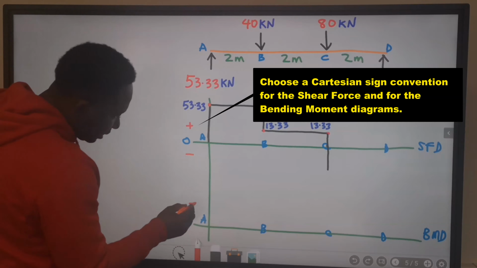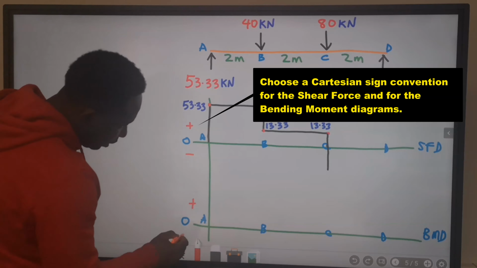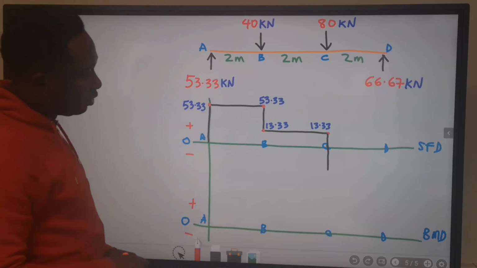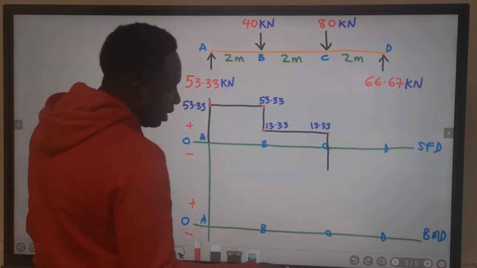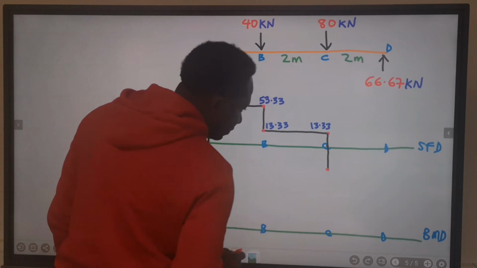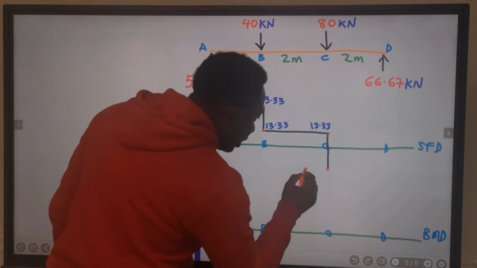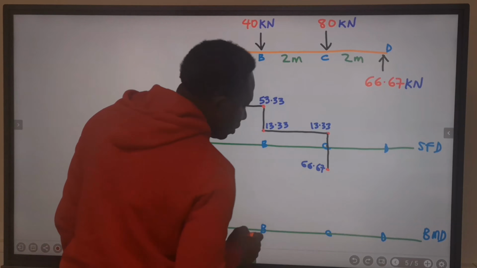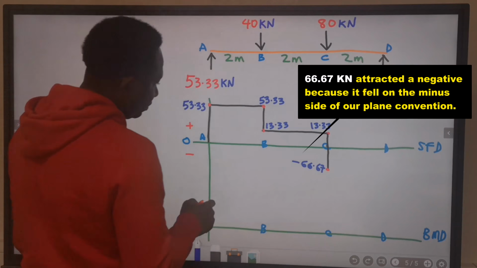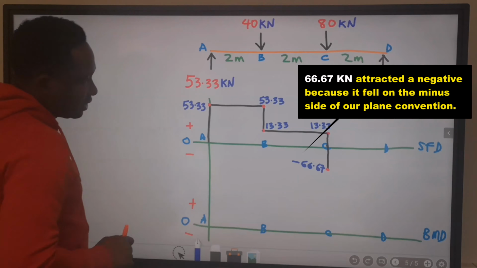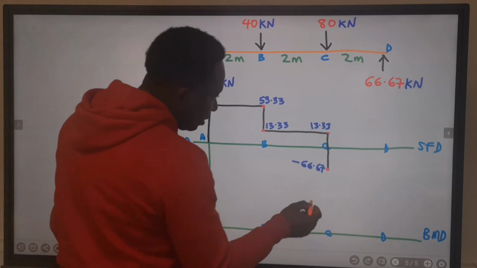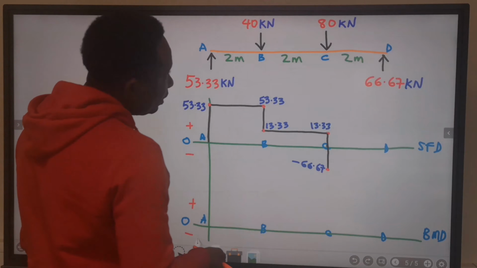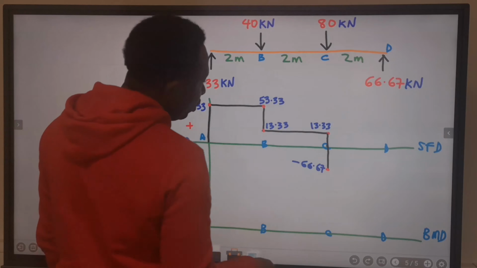This side is a positive bending, anything below is a negative. This is our convention for this drawing. Hence, at this point, we are going to have 66.67 with a minus because it's on the negative side. Next, at this point, no uniformly distributed load, there is no load.